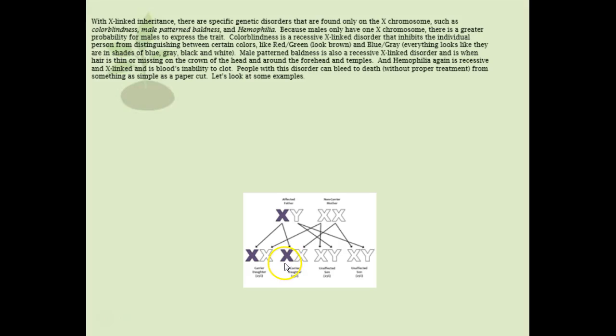If this X were to match up with the other X in the female, then both of these would be females. And if this X then were to match up with this Y, so if the sperm and the egg were to fertilize, then we would get a male. So there's a 50% chance of having a female, and a 50% chance of having a male.